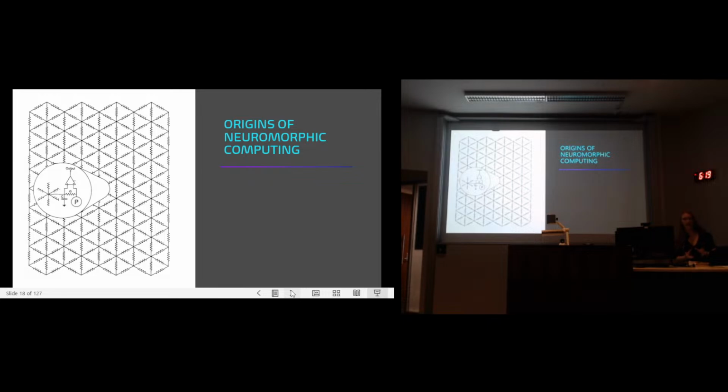And what people realized is that perhaps they could start to apply this to computing. But unfortunately, nothing really happened at the time other than these very basic analog versions, because we had a fundamental limitation on the kind of technology that we could use to create these. It was really difficult to do back then.